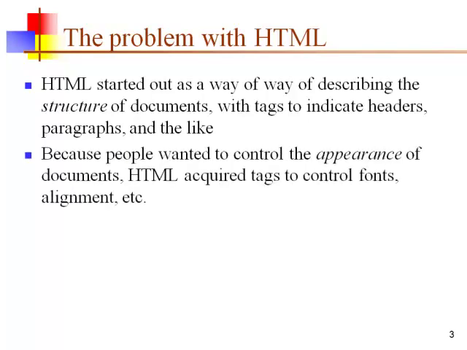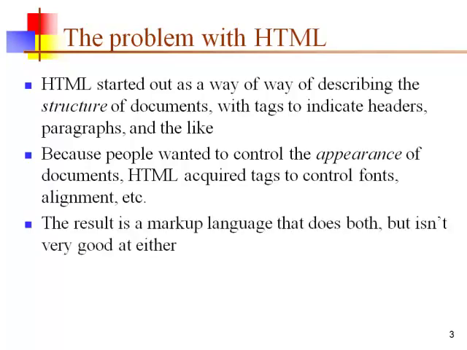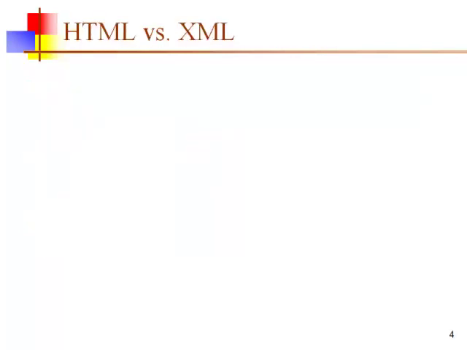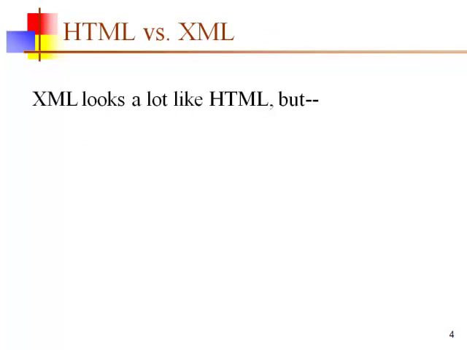Because people want to control the appearance of documents as well, HTML acquired tags to control fonts, alignment, etc. That's why a markup language came that does both, but isn't very good at either. So we'll see what are the differences between HTML and XML.